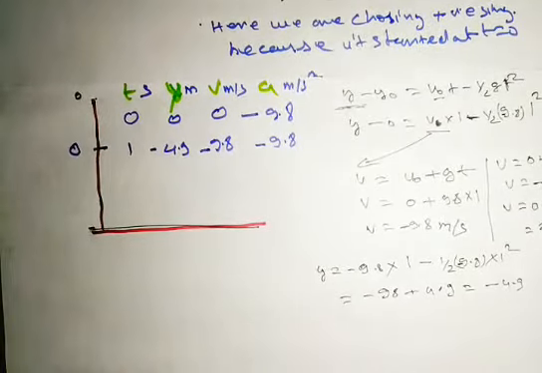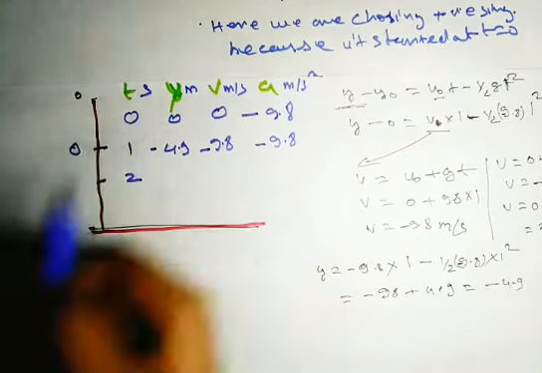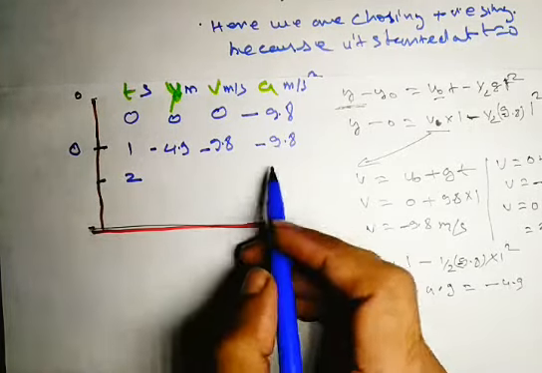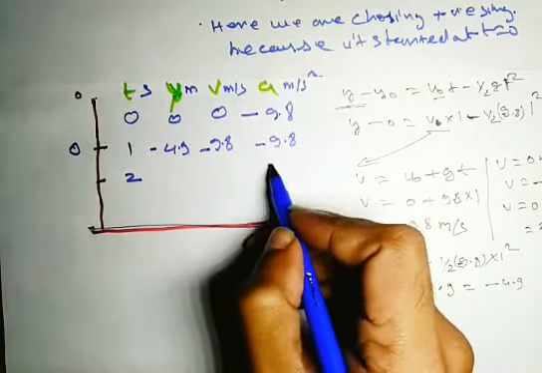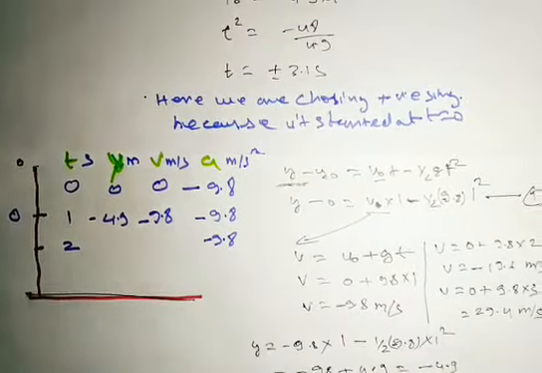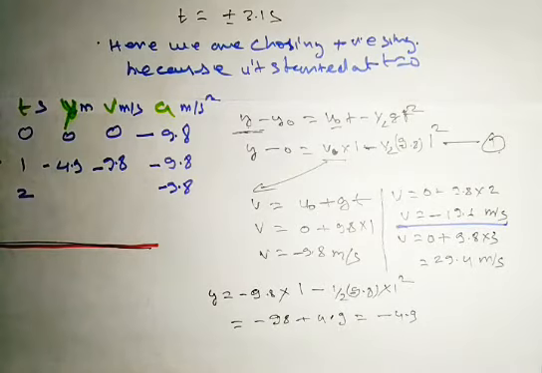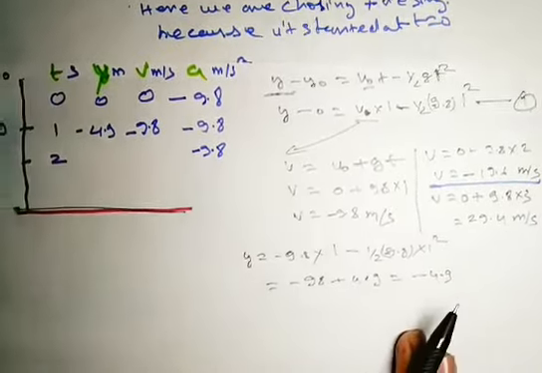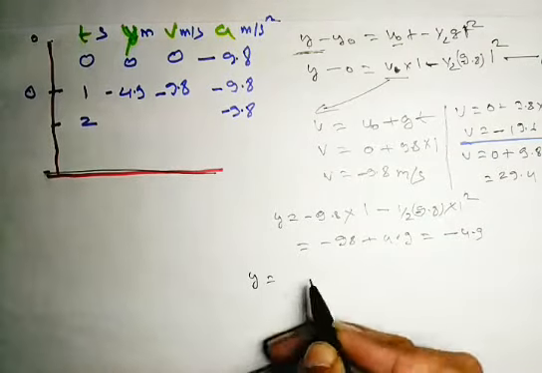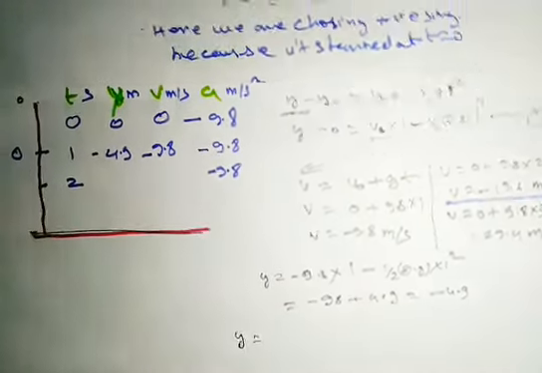Moving on, at t equal to 2 seconds, what does it give us? g equal to minus 9.8, and at t equal to 2 seconds, v equals minus 19.6. So we are going to apply that on equation 1.